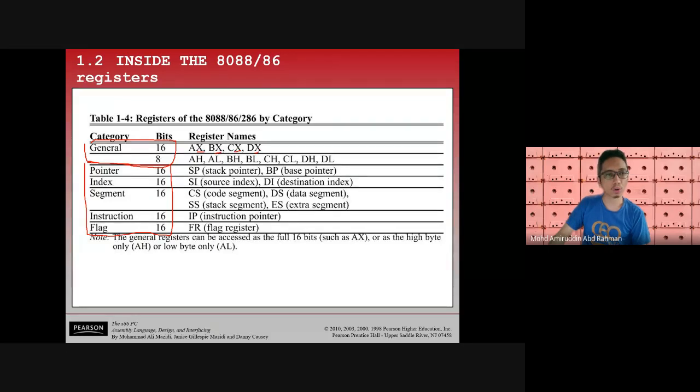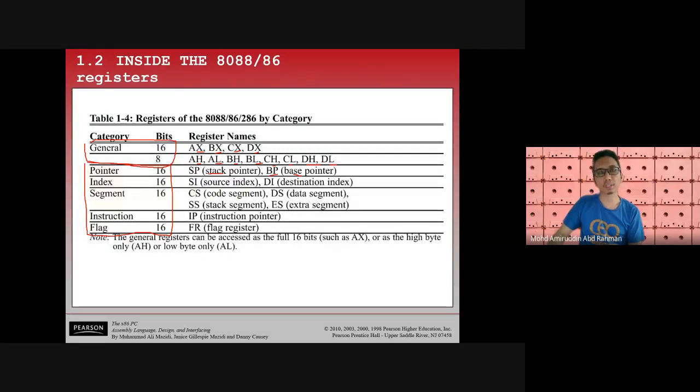So for the general-purpose registers we have the functions of A, B, C, and D. And for the pointer registers, we have SP and BP. S is for stack pointer and B is for base pointer.